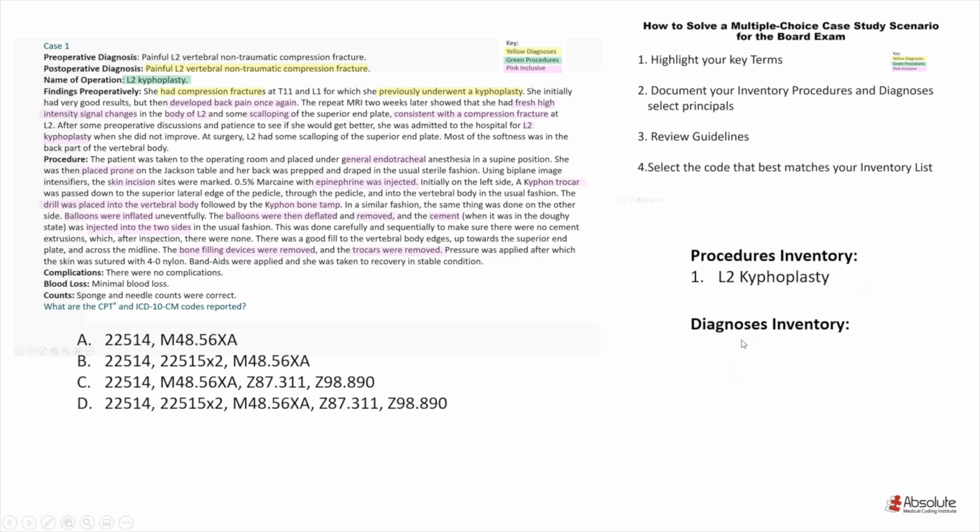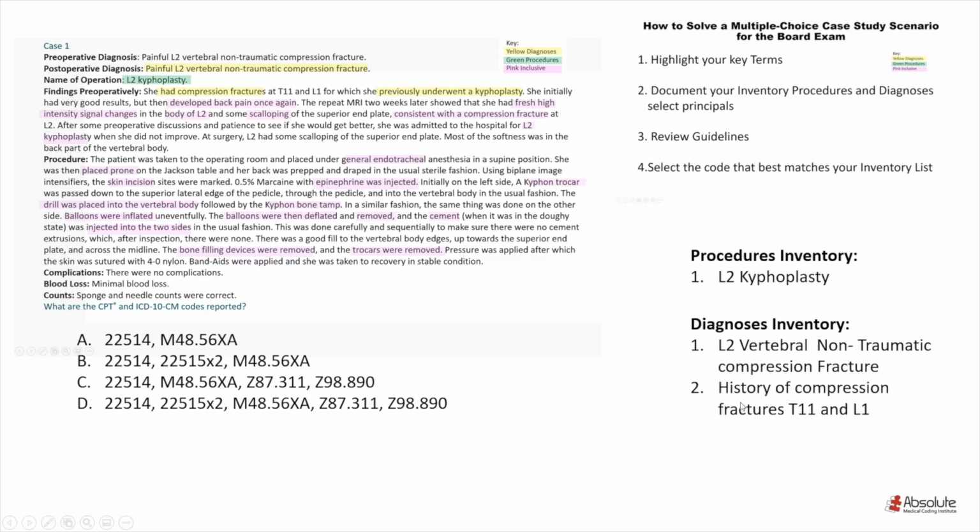In terms of diagnosis, I found a few things: the L2 vertebral non-traumatic compression fracture, of course, because it says it. And I also saw that this patient had a history of compression fractures at T11 and L1, just above L2, and had a previous kyphoplasty spine surgery. I think that is pertinent to this encounter, right?